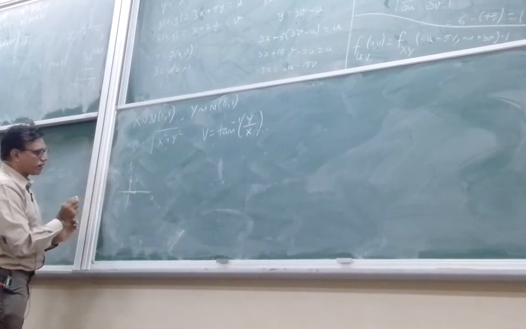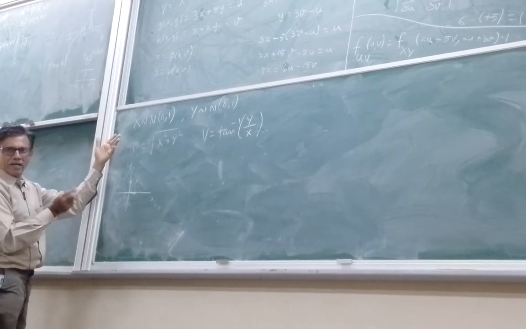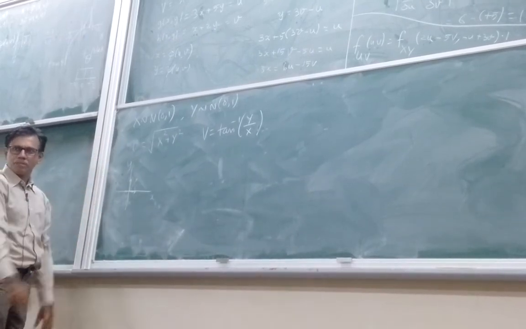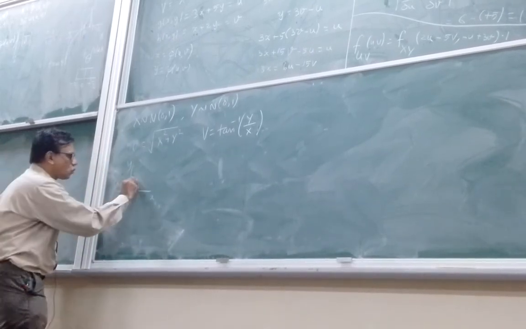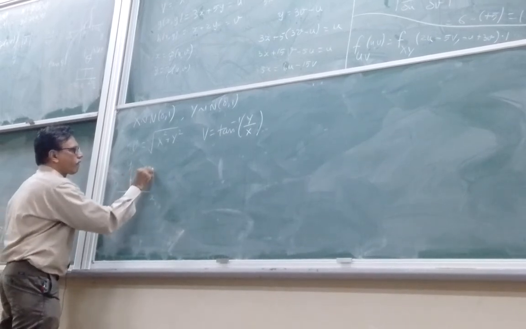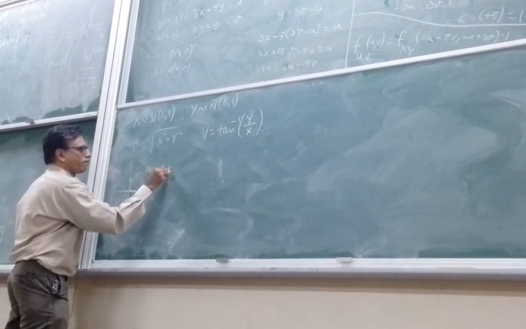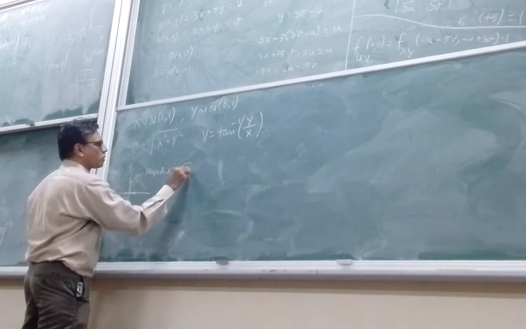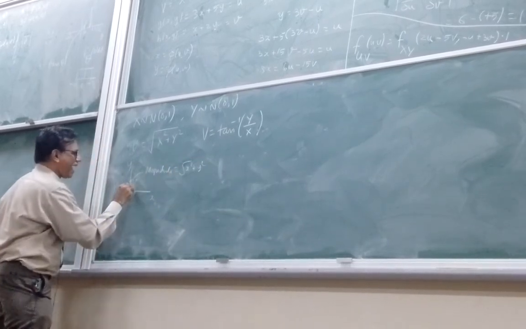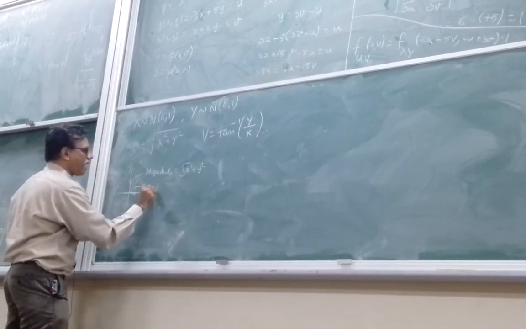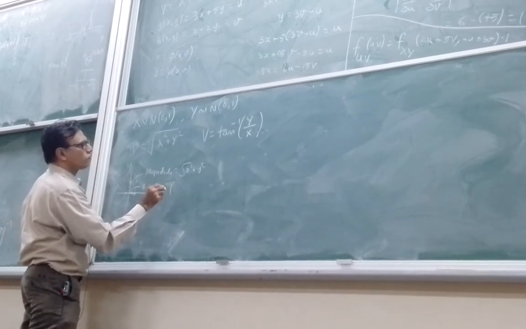this vector, because x and y are related, they are the x and y components of some vector, and this one is the magnitude, that is root of x square plus y square. And this angle theta is tan inverse of y by x.